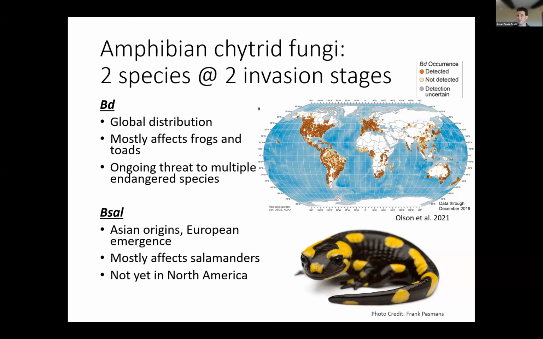So it appears to have relatively recently spread from Asia to Northern Europe. It's continuing to spread throughout Europe, mostly impacts salamanders. And importantly, it's not known to have invaded North America yet. One of the reasons that's really important is that North America is a global center for salamander biodiversity.